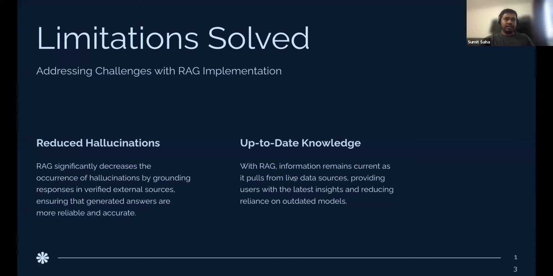So what is up-to-date knowledge? A normal LLM model has some fixed training data, but with RAG implementation, I am giving it more information, more resources, so it can use those resources and has up-to-date data now. Suppose I have an LLM model trained on weather data up to October 2025.